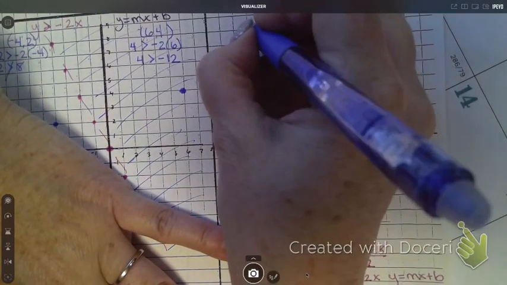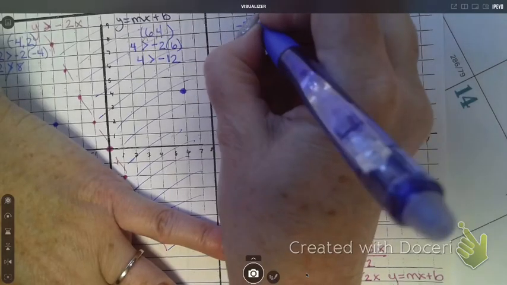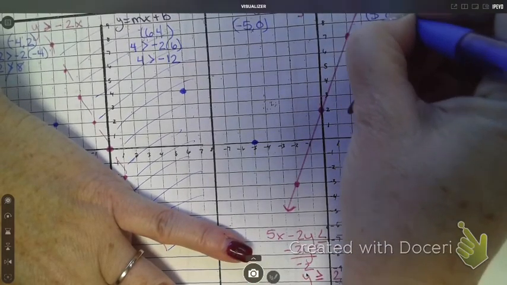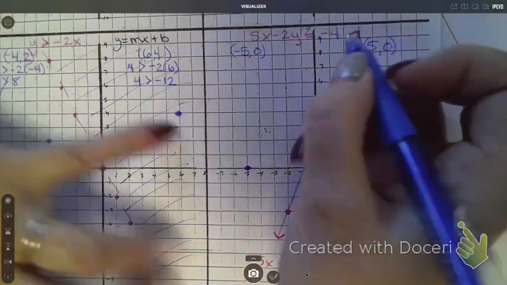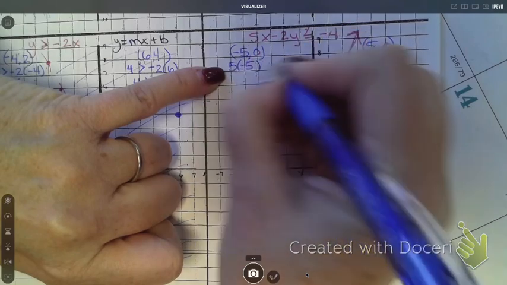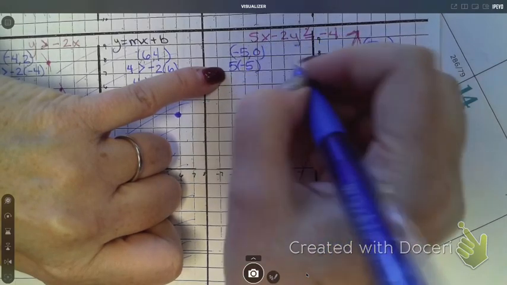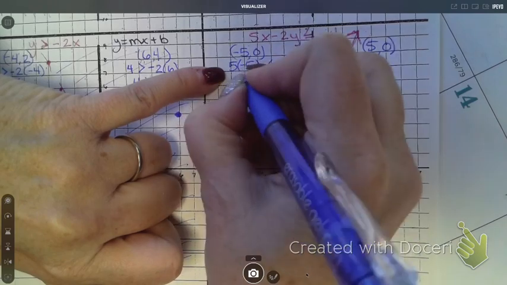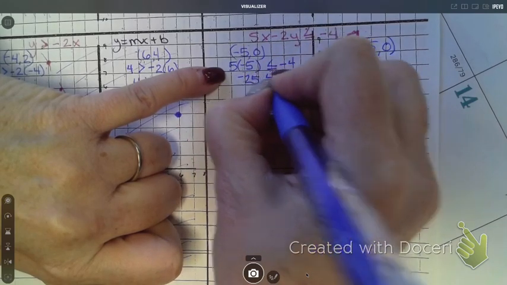Then I plug them in. So 5 times negative 5, and 2 times 0 is 0. Negative 25. So negative 25 is less than or equal to negative 4.